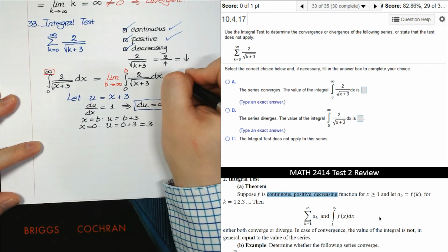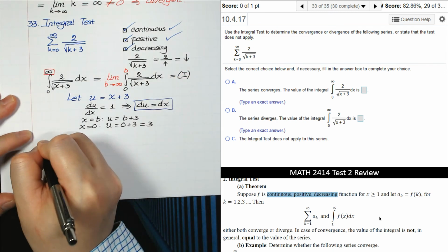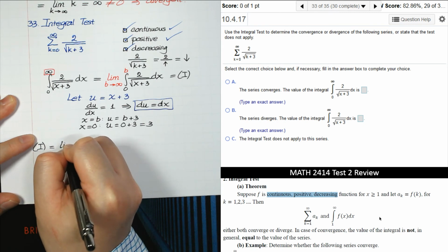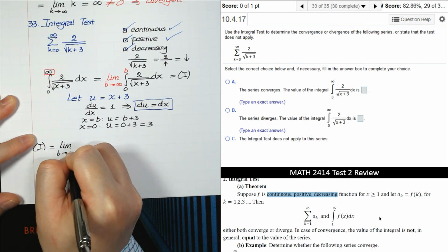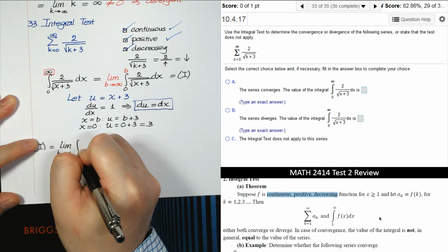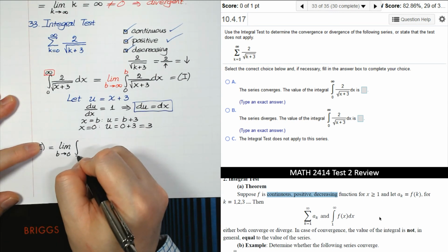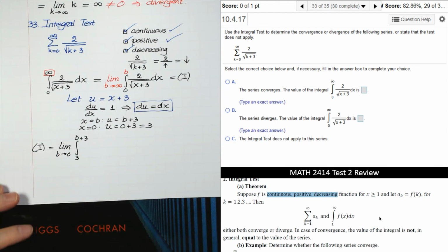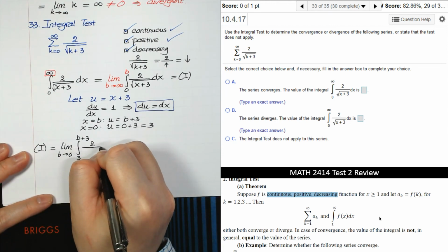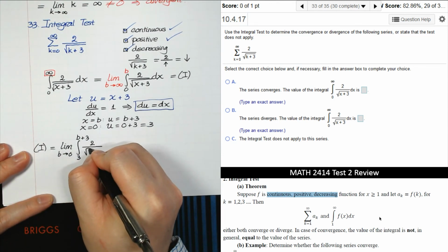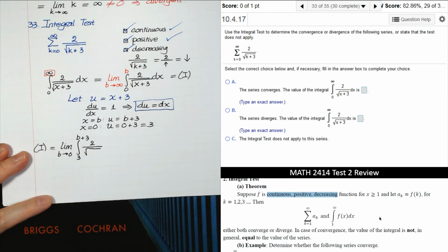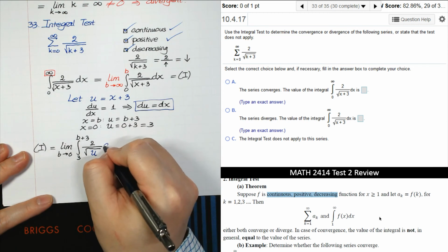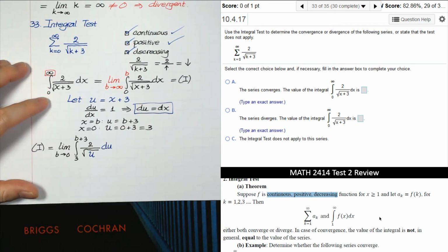Right. So in this integral the limit changed from 3 to b plus 3. 2 over square root of x plus 3 is u, dx is du.